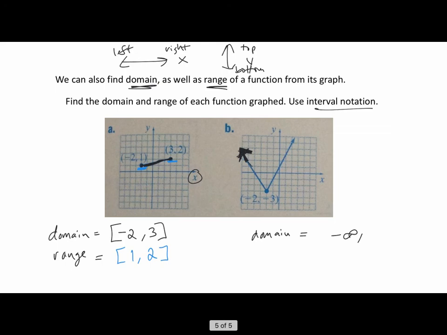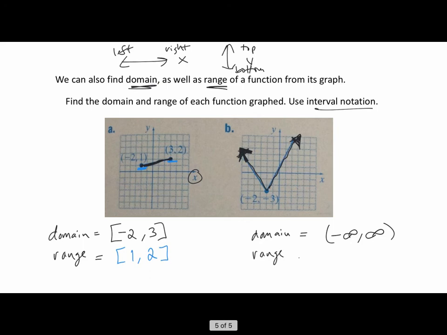And then this continues to go right, and it doesn't stop going right. It keeps going right, and it keeps, oh, there's an arrow. So this is going to keep going right forever. So that means positive infinity. Do I include those? Those are not defined endpoints, right? Those are arrows, so I can't include those.